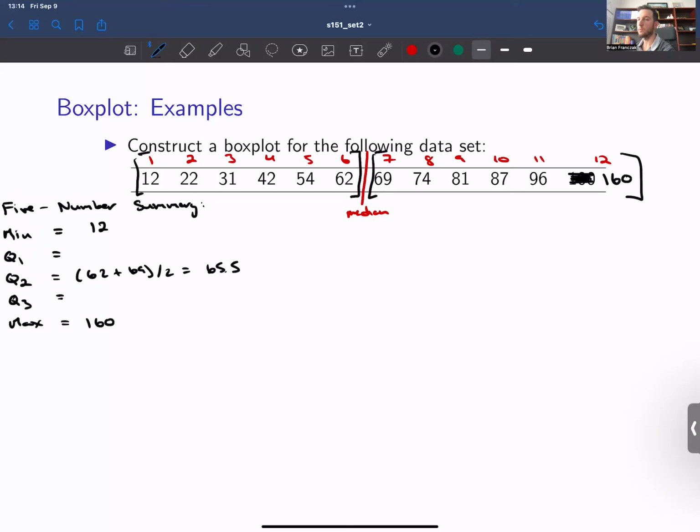In the case that we are working with an odd number of observations, we would take the median with us in that calculation. All right, so Q1 is the median of the lower half. So that's going to be between the 3rd and the 4th observation, since we have 6 observations in the lower half, which again is an even number. Okay, so this means that Q1 is 31 plus 42 over 2, which is 36.5.